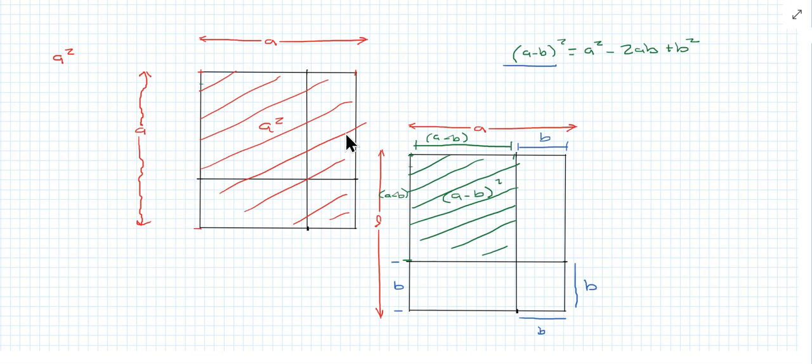What it's basically saying is you take a squared, which is the whole thing, and then you subtract 2 times ab. So what is ab? ab is going to be this part.